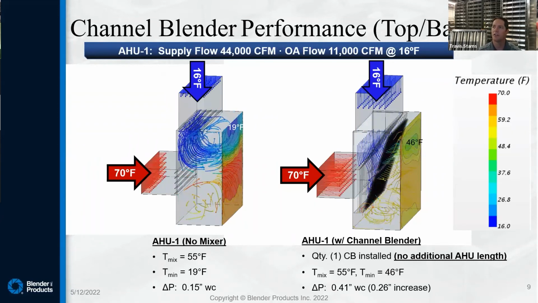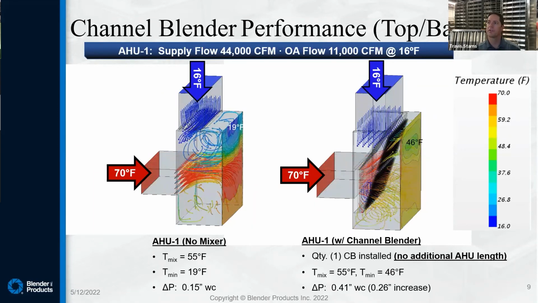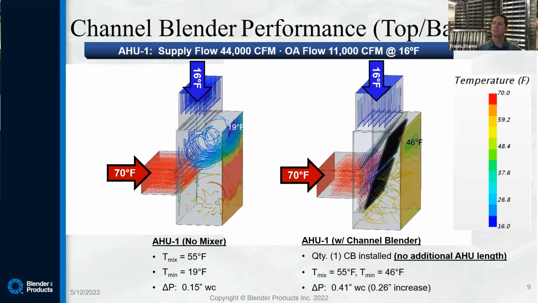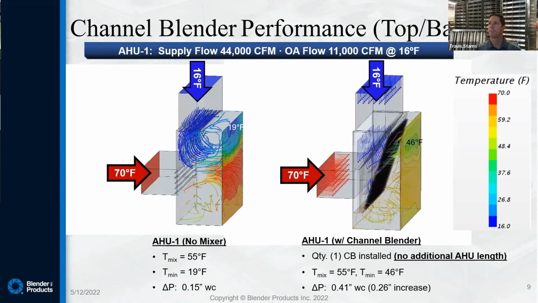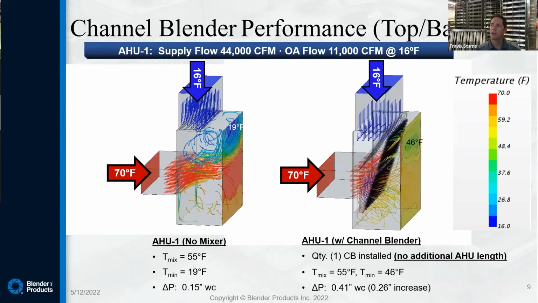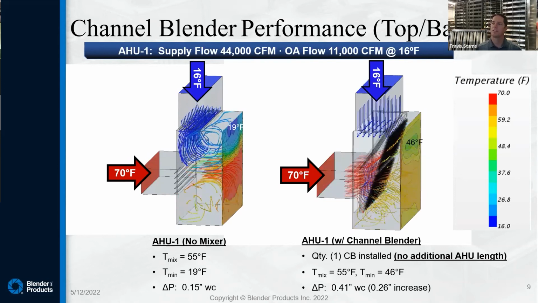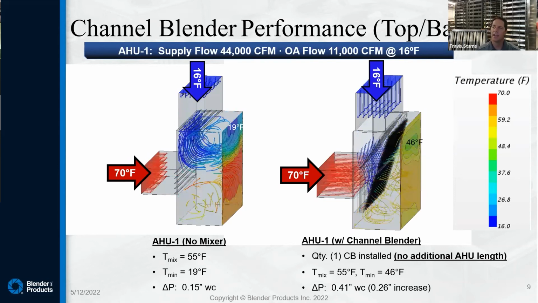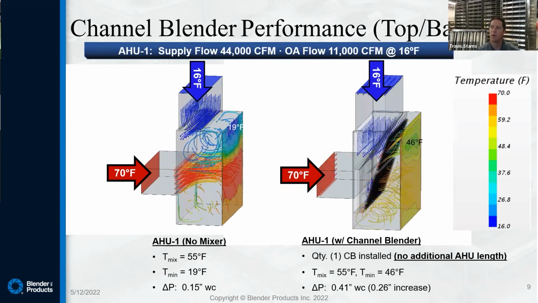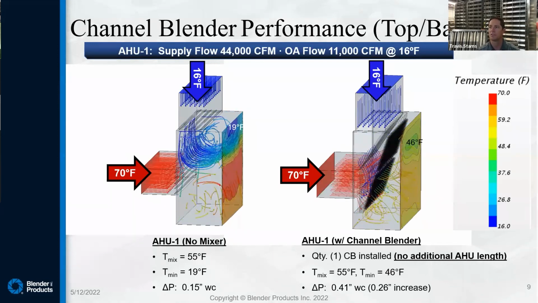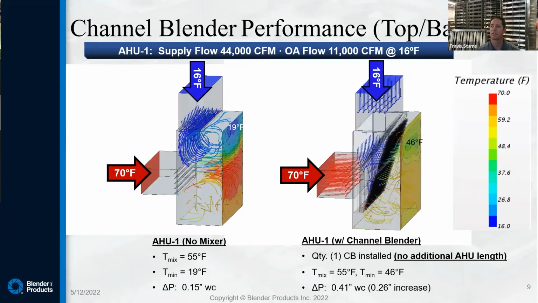Now, I'd like to draw your attention to the particle traces of the outdoor and return air entering that channel blender module on the right. When those outdoor air molecules enter those channels, inside those channel walls is a set of turning vanes. So we take effort inside the channel wall to get decent distribution of that air up and down that vertical axis.